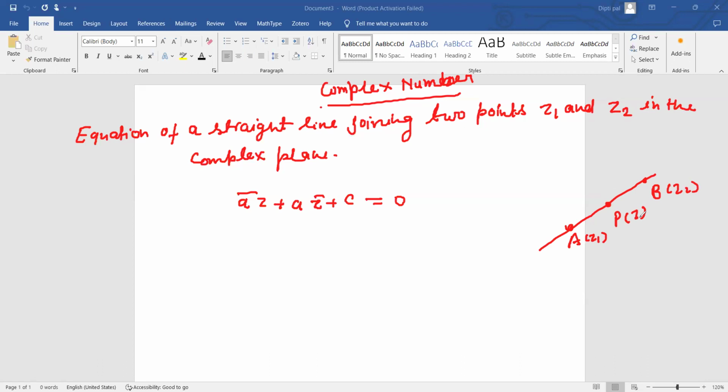Okay, so this is the general form of a straight line.